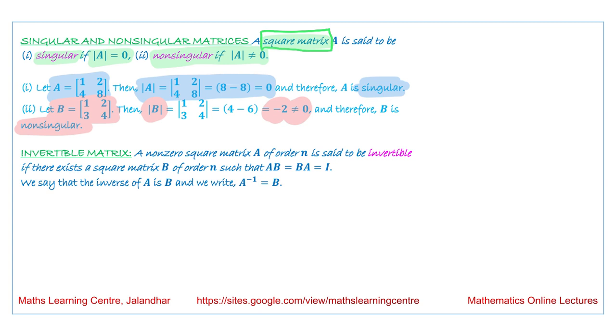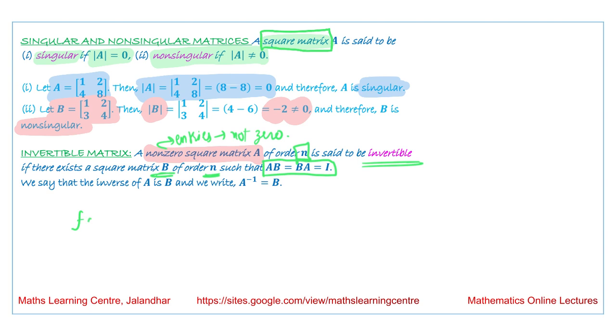The next definition we have is the invertible matrix. We are saying a non-zero square matrix A. When we say non-zero, we mean that the entries of the matrix are not 0. The order of the matrix is n, and it is said to be invertible if there exists a square matrix B of order n such that AB is equal to BA is equal to I. This is just like the inverse functions we have already studied.